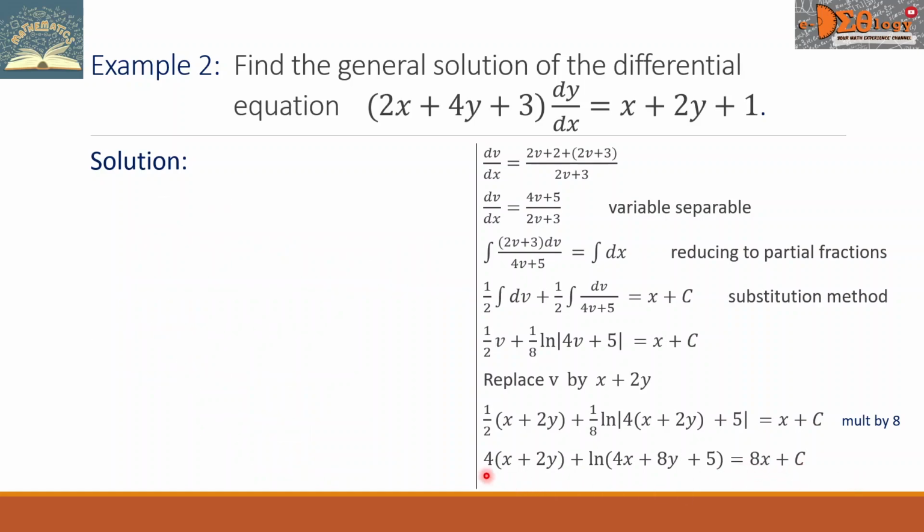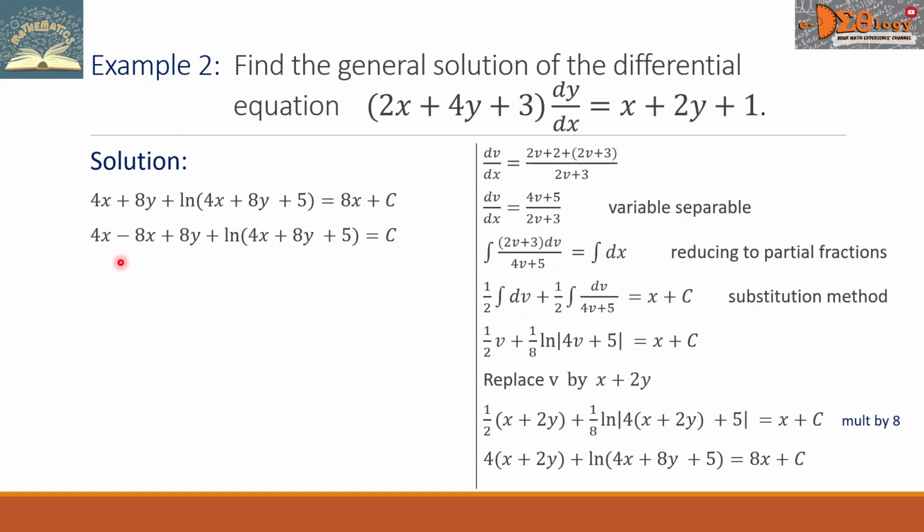Next thing to do here is to distribute this 4 to the x and to the 2y. So we have now this 4x plus 8y. Take note that we have 4x on the left side and we have 8x on the right. We can transpose this 8x to the left side. So we have now this 4x minus 8x.